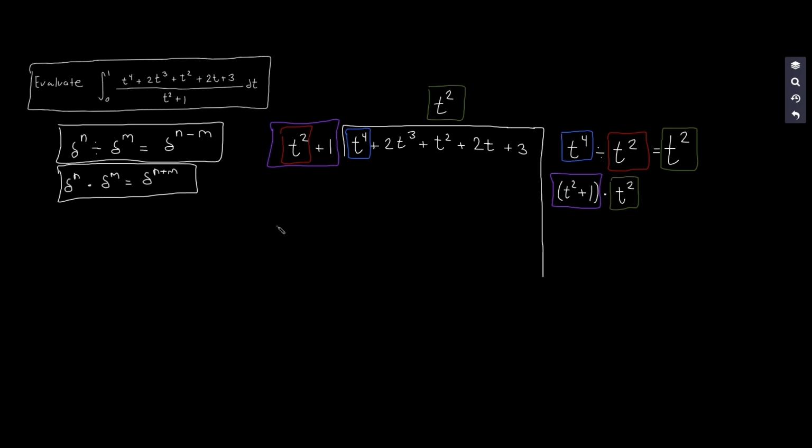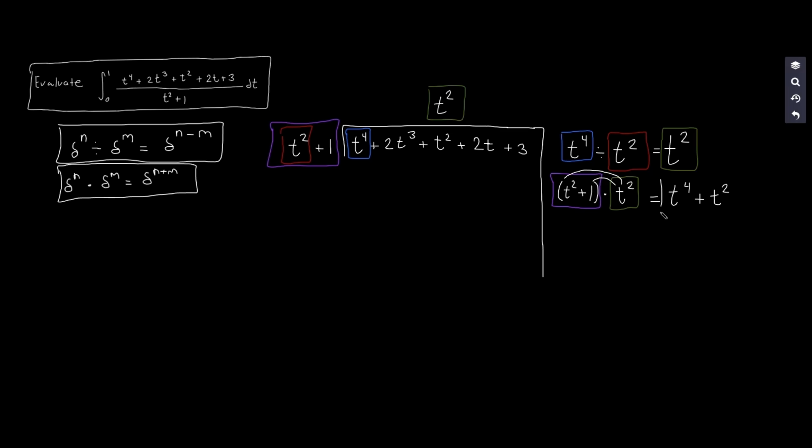Delta raised to the power of n times delta raised to the power of m equals delta raised to the power of n plus m. So if we apply this to t squared times t squared, it's just going to be t raised to the 2 plus 2, so it's going to equal t raised to the fourth. Next, we'll do t squared times 1, which is just going to be t squared.